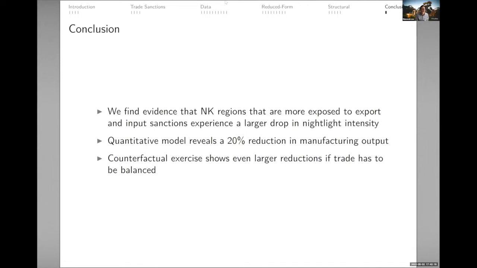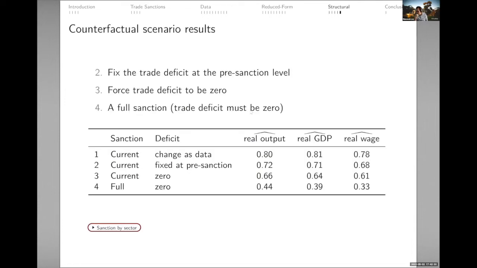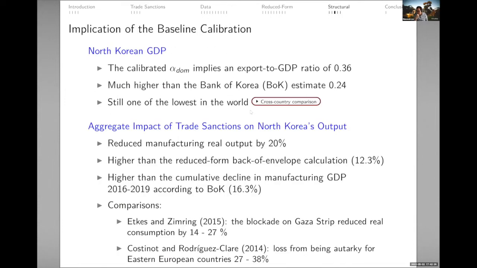Hi, Sangyoon. Thank you for the fantastic presentation. It's super interesting. I found that the output loss estimated from the model is larger than the output loss estimated from the reduced form exercise. And you say that that's the combination of general equilibrium and spillover.